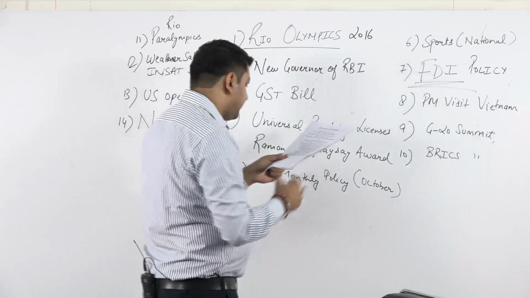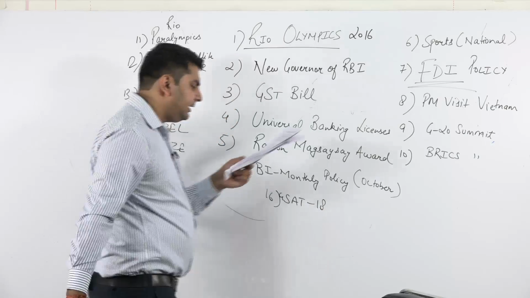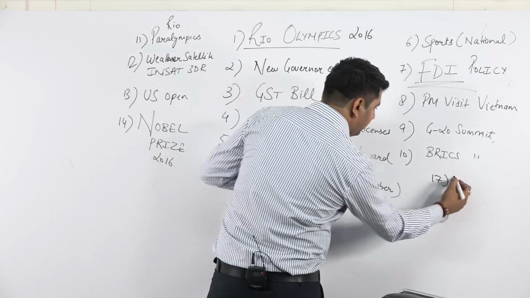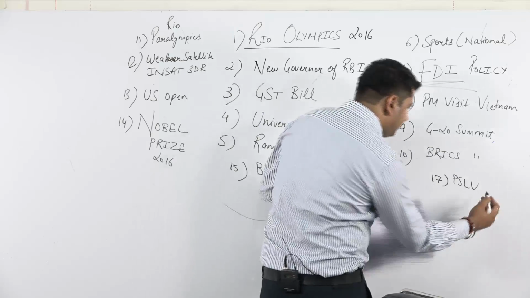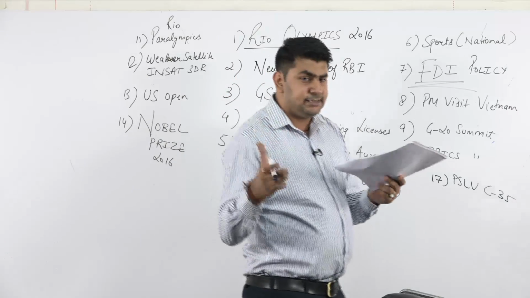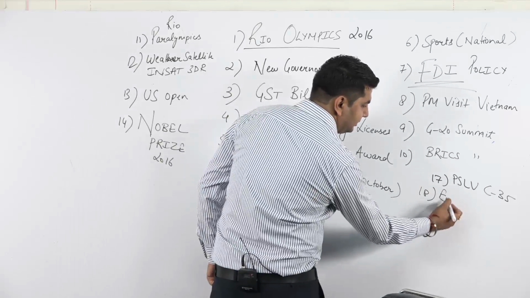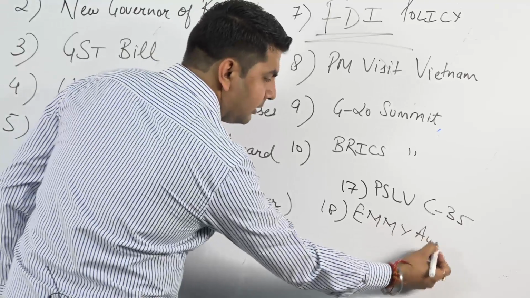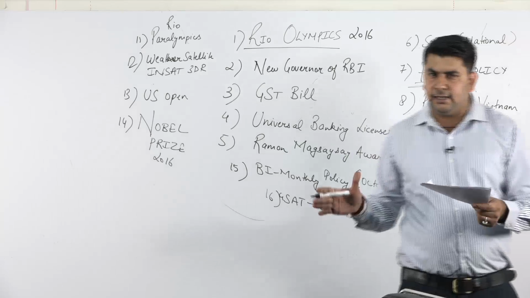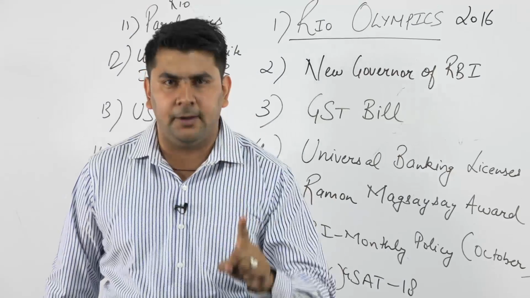Now the next one is GSAT 18. Then the next one is PSLV C35, which was launched with the SCATSAT satellite. And the last topic which you have to learn is the Emmy Awards. So students, you can clearly see these are the important 18 must-do topics for IBPS PO mains.